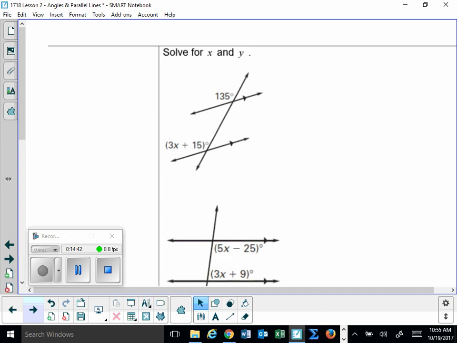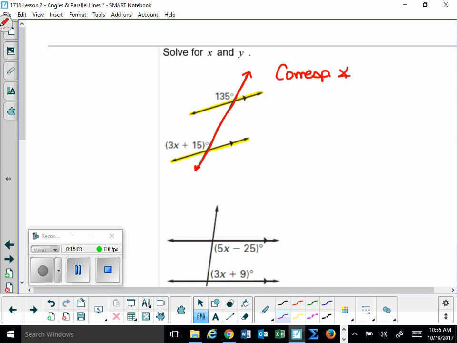Ooh, a little algebra to have some fun. Okay, we're solving for x and y. And as I look at my diagram, I immediately note that I have parallel lines here. I have a transversal right here. So if I look for the angle relationship between the 135 degrees and the 3x plus 15, they are corresponding.